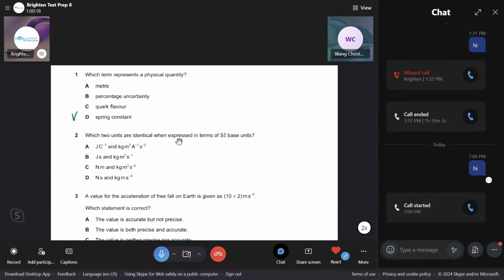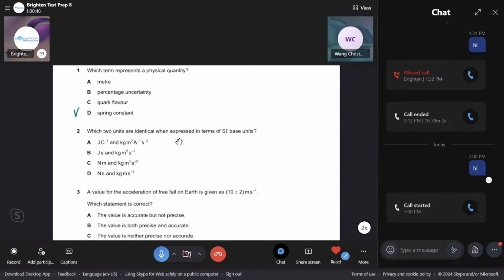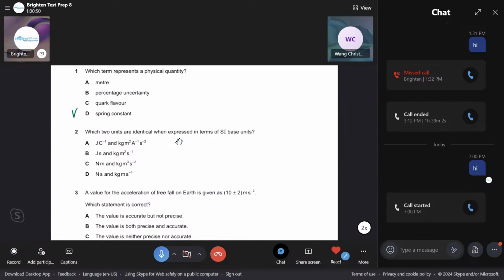Multiple choice questions are sometimes quite time consuming because you have to work through the various potential answers, and not all of them can be easily dismissed. So joule is kg meter squared per second squared. Okay.